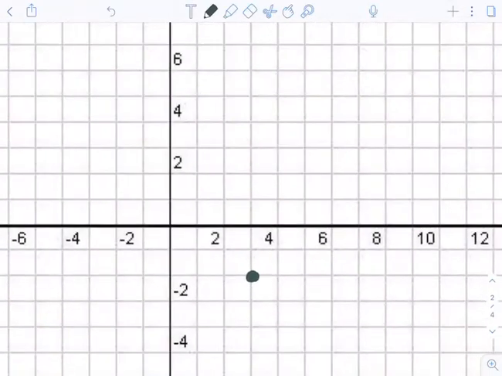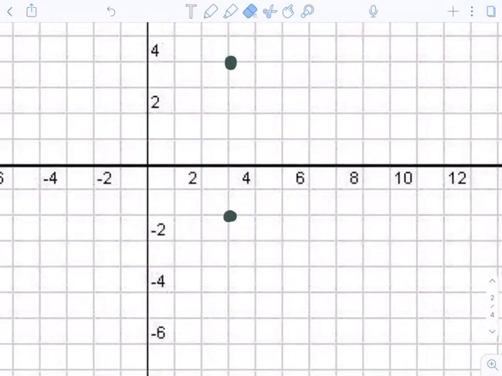So I'm going to count up, down, left, right, 6 spots to create the points on my circle. So I'm going to go up 6, 1, 2, 3, 4, 5, 6. There's a point on my circle, right? So what I just created right here, this is my radius. And if you trace your radius all the way around, it's going to create your circle. Okay, and then I'm going to do it the other way. So I'm going to go to the right. 1, 2, 3, 4, 5, 6.